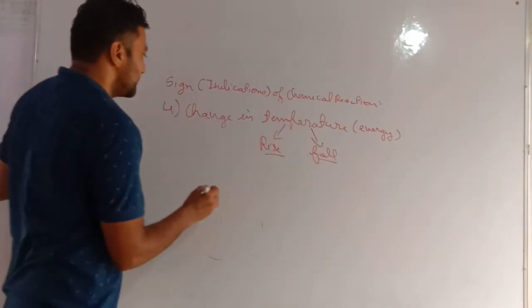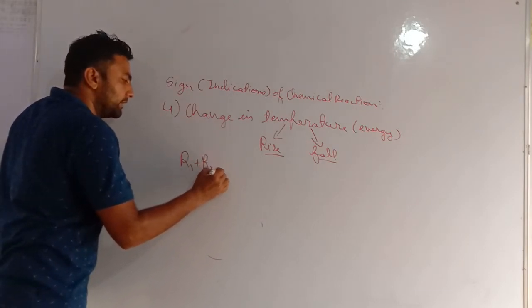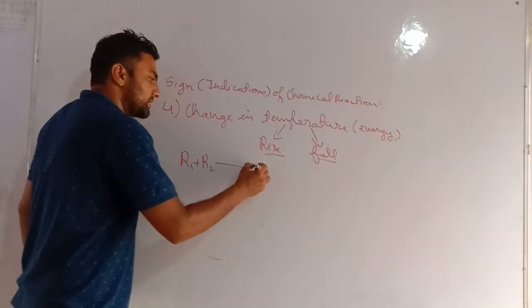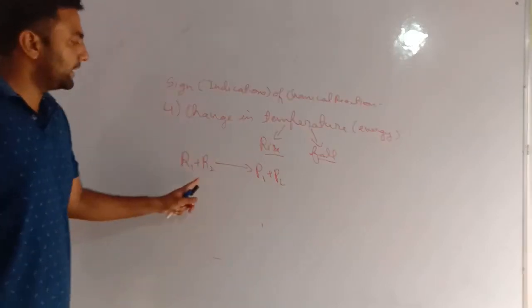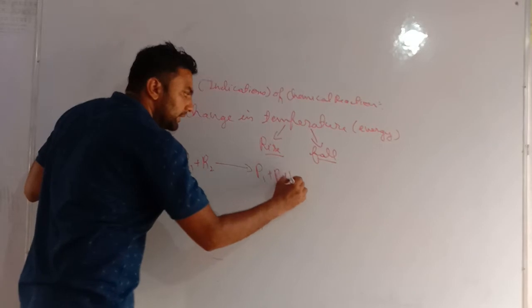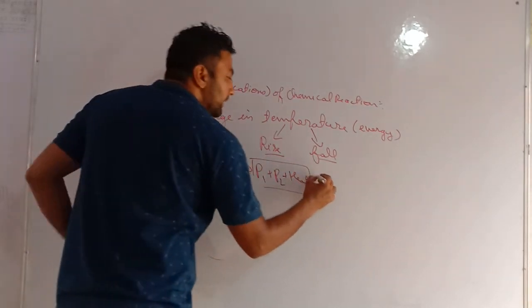Rise and fall means if there are any reactants, reactant 1 plus reactant 2, and any chemical process has taken place and we have got product 1 plus product 2. These are the reactants and these are the products. If after reaction heat is released, then overall heat will rise.